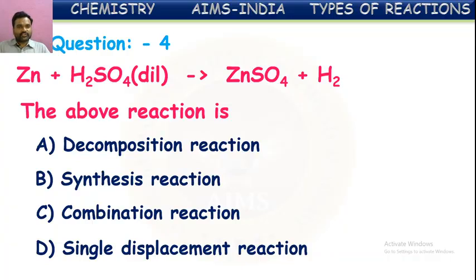What kind of reaction is this? Reaction of zinc with dilute sulfuric acid to form zinc sulfate and hydrogen. To which category does it come under? Can anyone answer this? Yes, some of you are giving answers. Somebody told A. This is wrong.